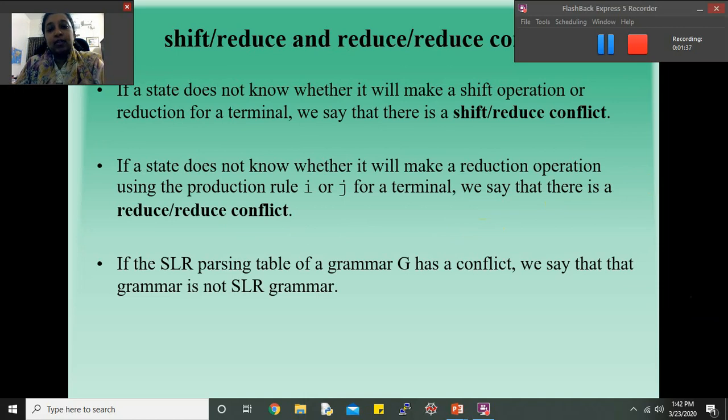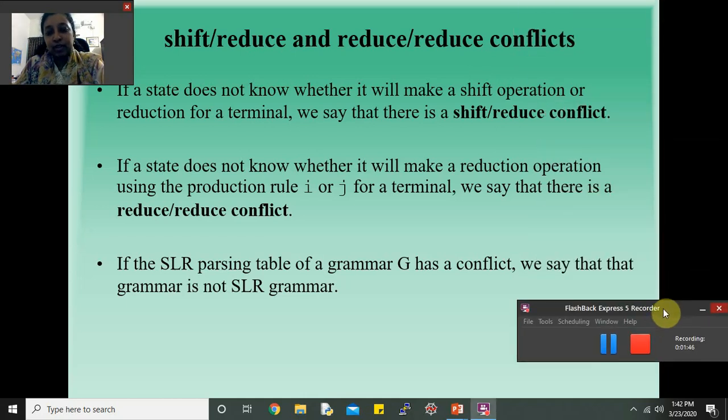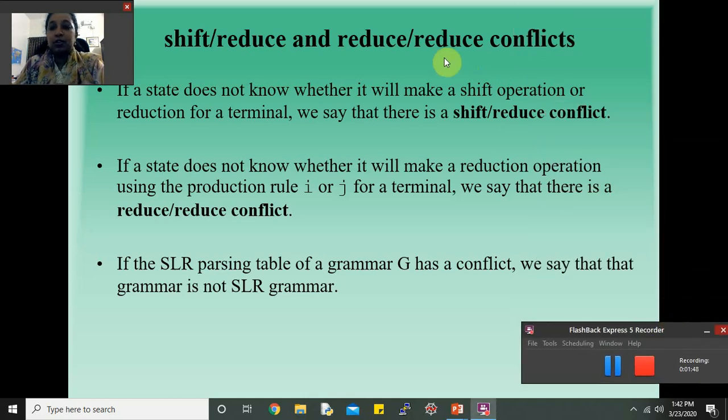When there are multiple entries in an SLR parsing table, it might lead to the shift-reduce conflict and the reduce-reduce conflict. What do we mean by a shift-reduce conflict? Either we shift an input character from the input stream onto the stack, or we try to reduce the content of the stack. Which am I supposed to choose? It is not deterministic.